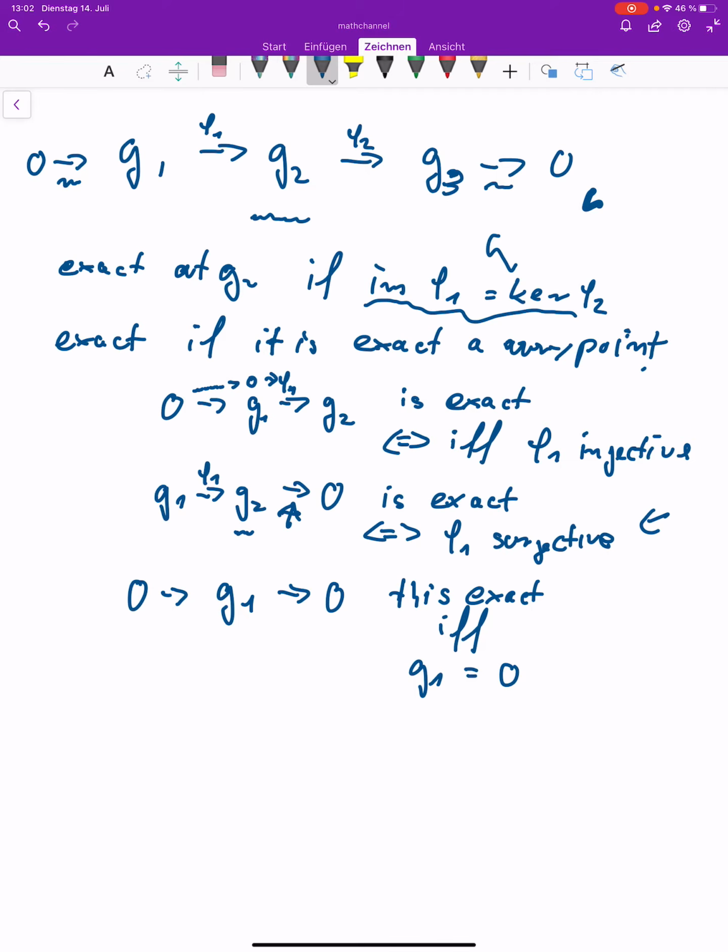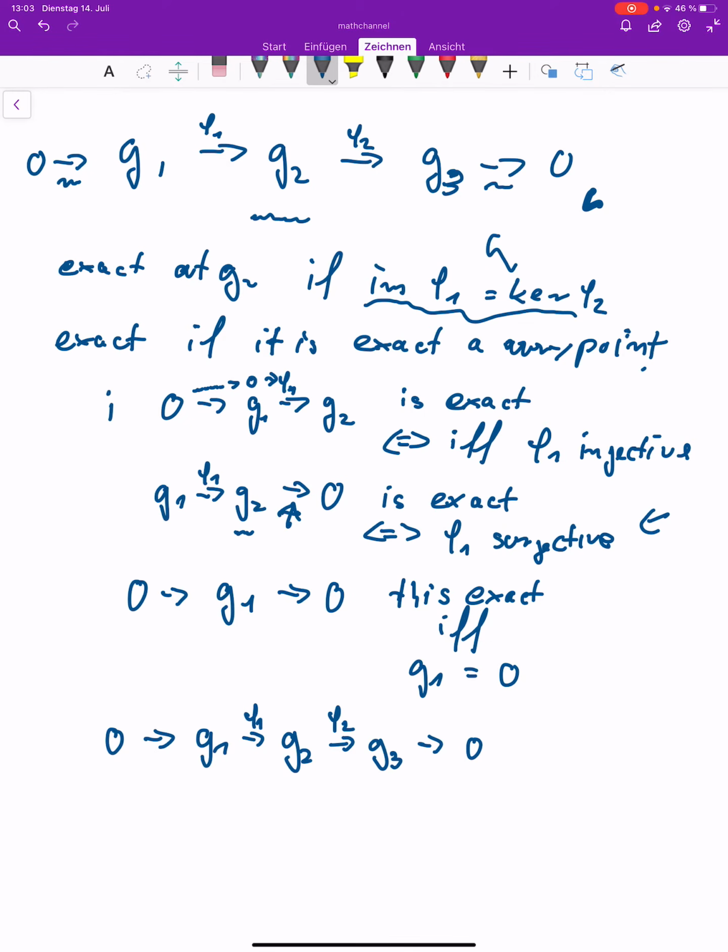And now we come to the case everybody is talking about, of course, which is the case of short exact sequences. This is the first interesting case, if you will. So let's draw such a sequence. We go from 0 to G1 to G2 to G3. So now we have 3 groups. And back to 0, and of course this is phi1 and this is phi2. And now we can combine our previous statements.